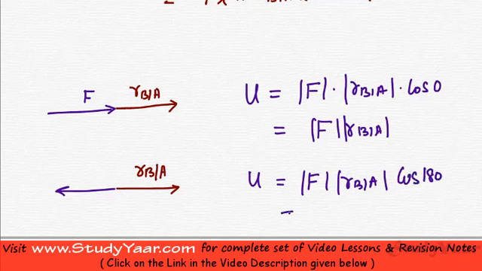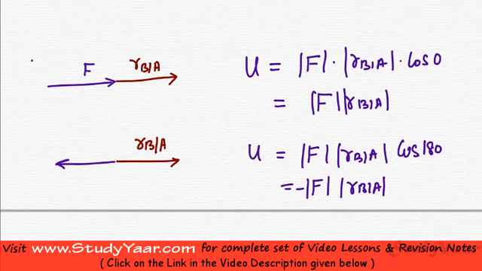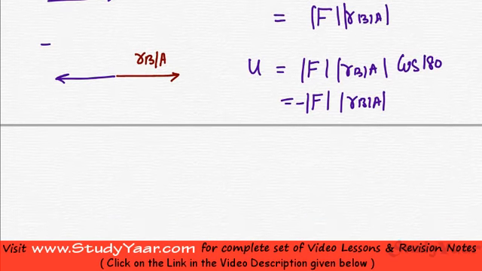Essentially cos 180 is minus 1. Therefore my work done now is negative, it is minus of F RB by A. So my work done can be positive or it can be negative. Let's look at another case.